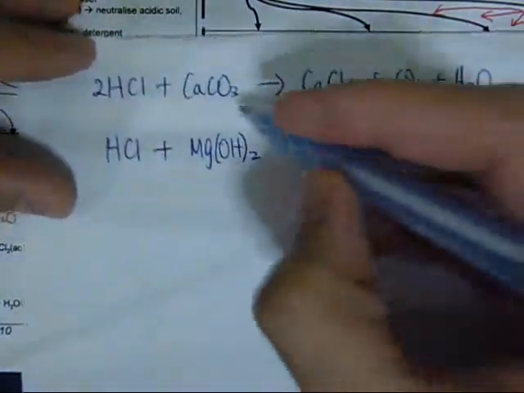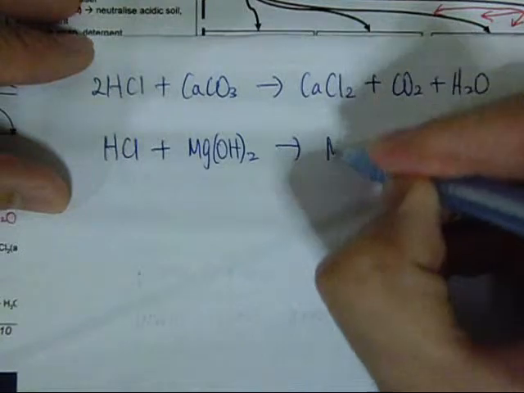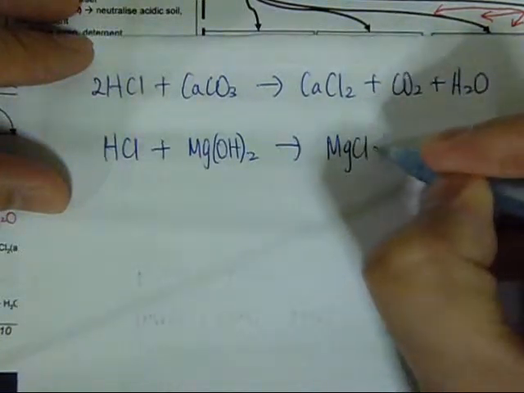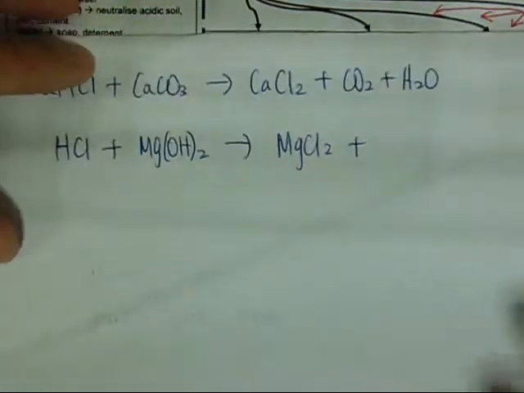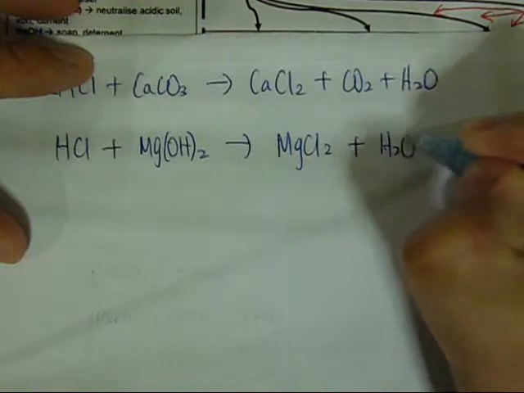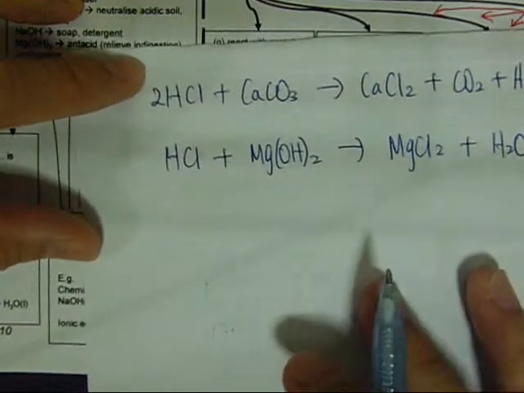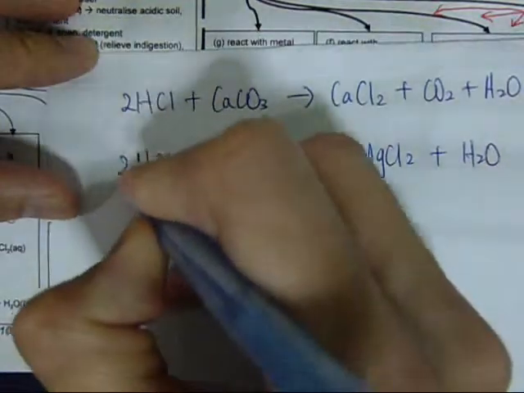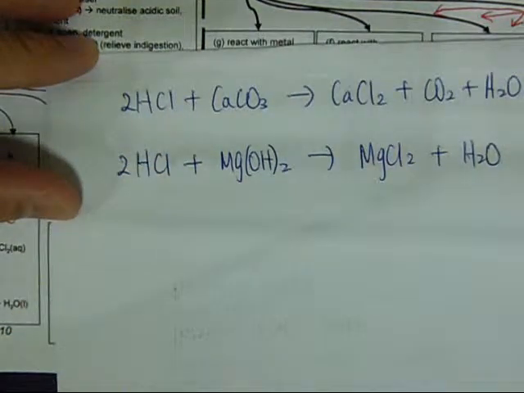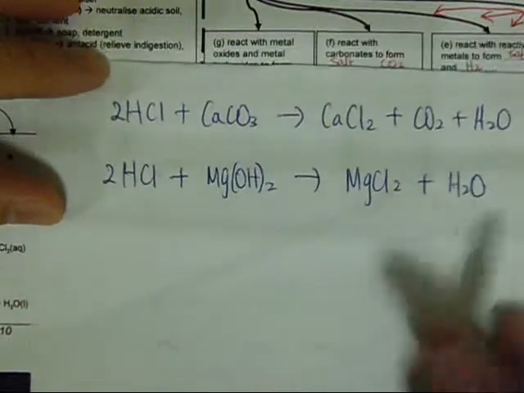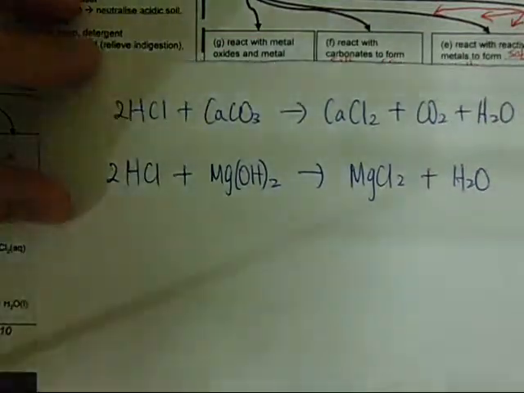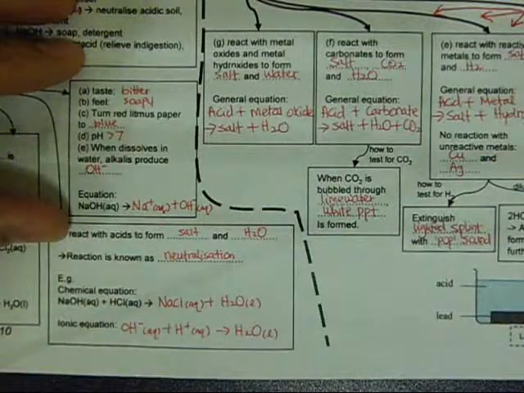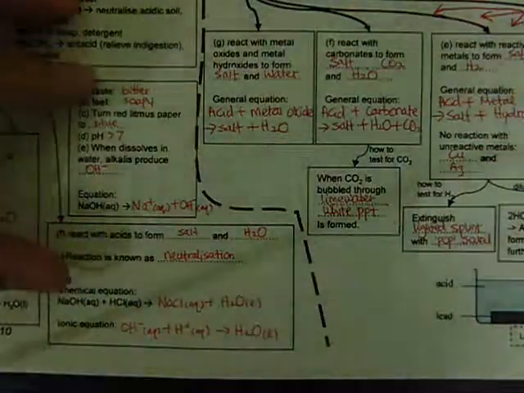And then you get salt, MgCl2, and water, and then you can balance the equation. You can take your time and balance it. Acid and base give salt and water.